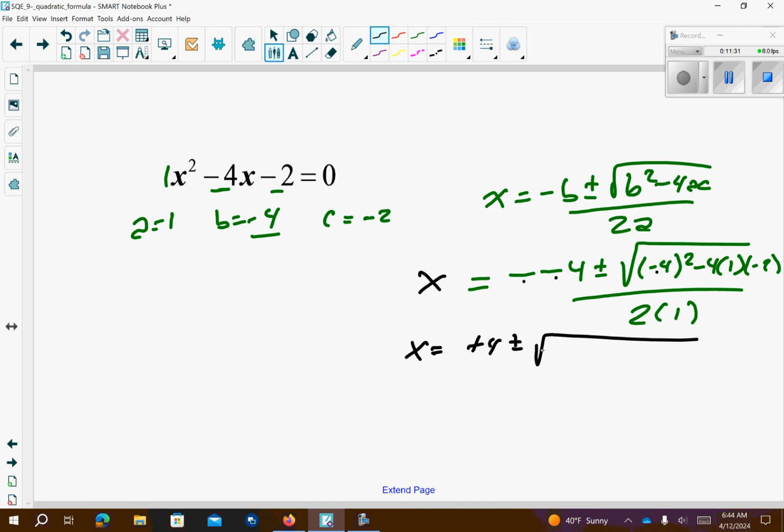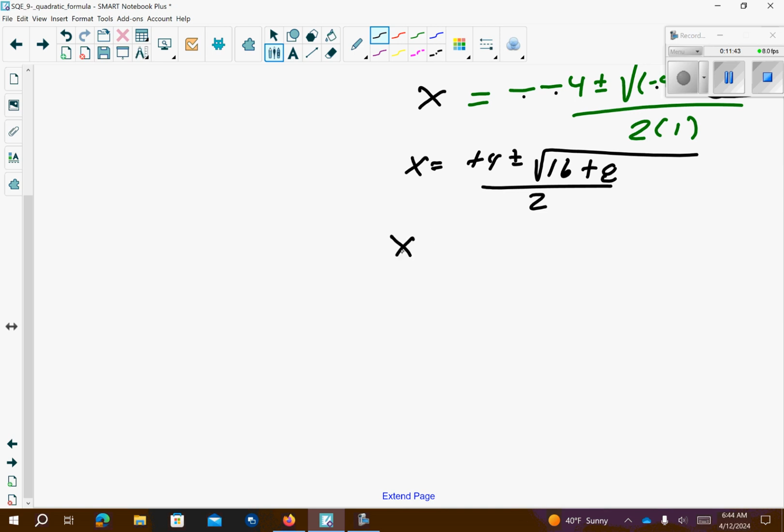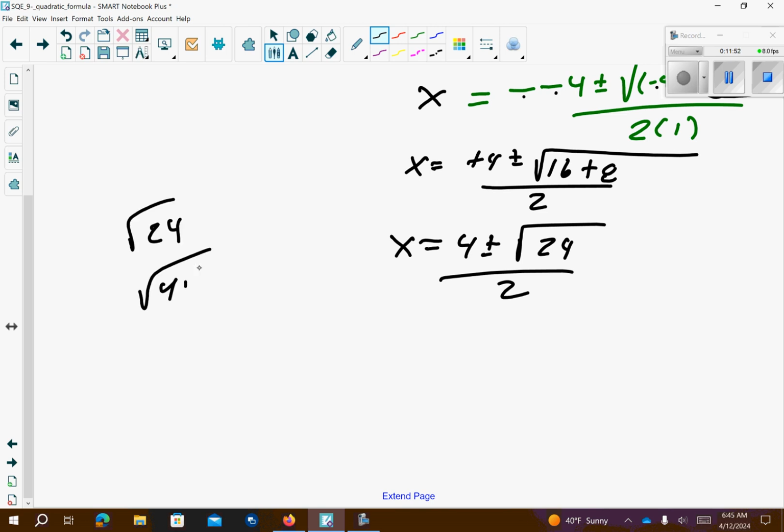-4 squared. -4 times -4 is 16. -4 times 1 is -4. -4 times -2 is +8. All over 2. You don't need that positive in front of the 4 any longer, so we're not going to write it. 16 and 8 is 24 over 2. 24 breaks down to 4 times 6.